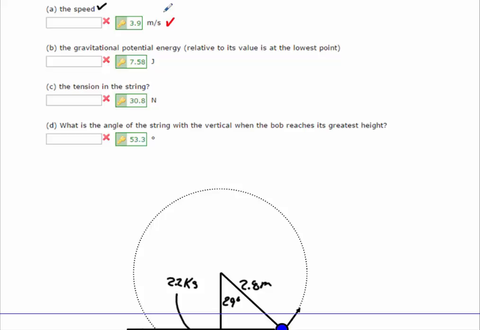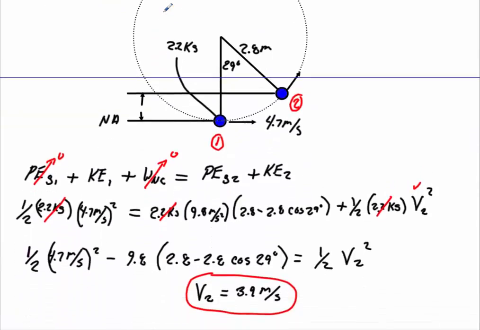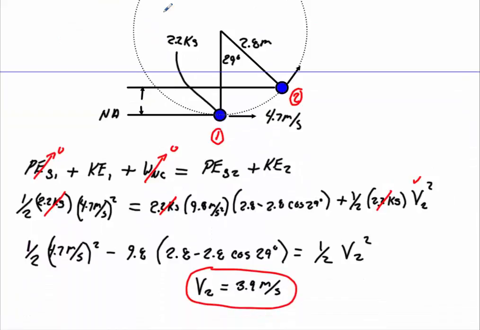Okay, now it said here, what's the gravitational potential energy relative to its value at the lowest point. I don't like how they said that, but that's what they're looking for. We want to find the gravitational potential energy relative to this. Well, really, it's going to be all this right here.